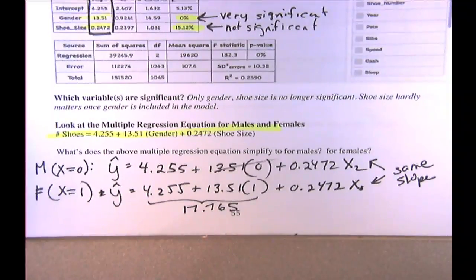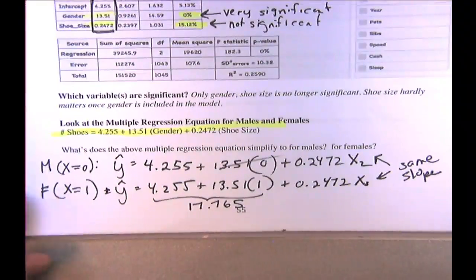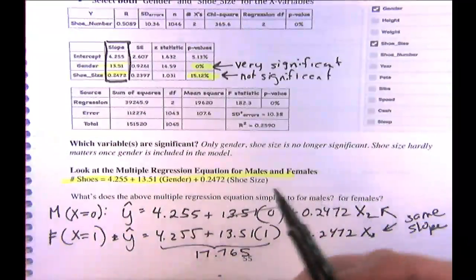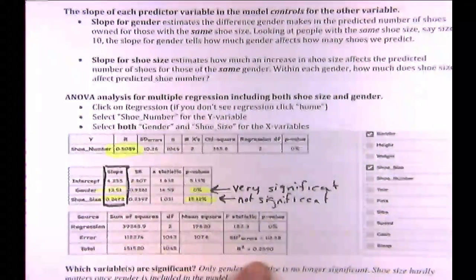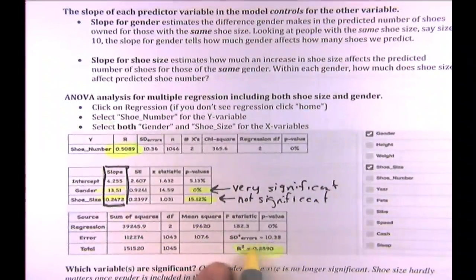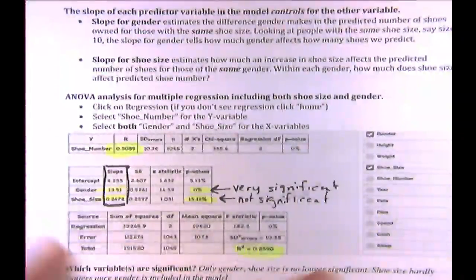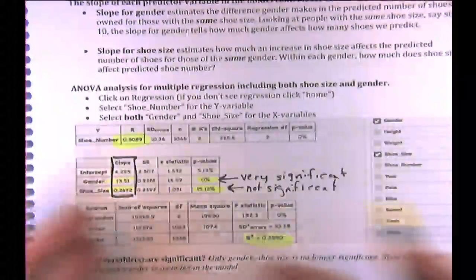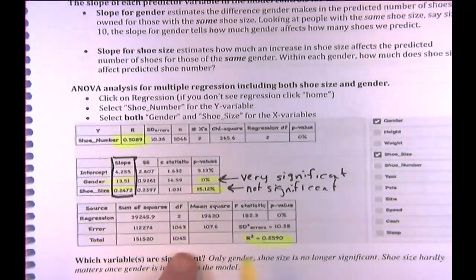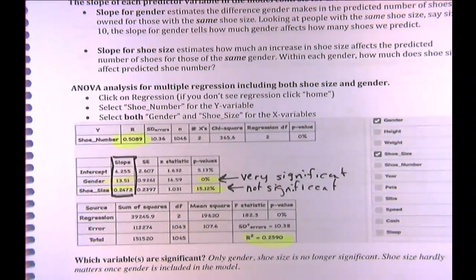All right, now let me see what else I want you to look at here. So when we combine them, we got this multiple correlation coefficient that I haven't told you what it means yet, and we got an r squared. And you can see this is your regular ANOVA table, and you should be able to match it up the way that you always do. What do I mean match it up?